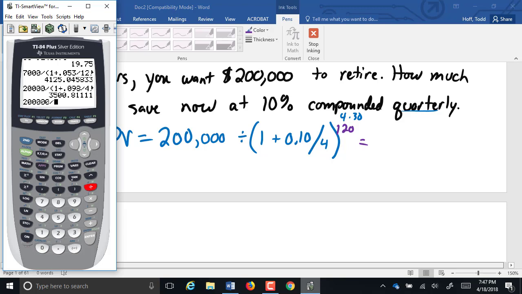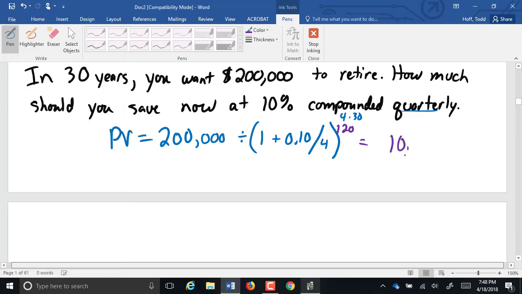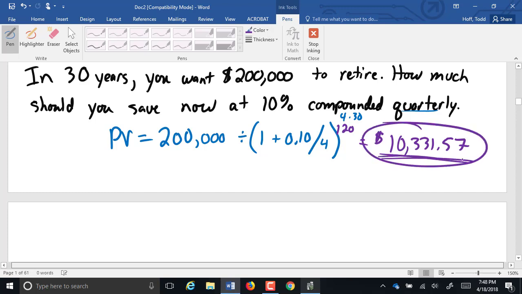So 200,000 divided by (1 plus 0.10 divided by 4) to the power of 120. That's 10,331.57. So a $10,000 investment right now at 10% interest would give you 200,000 in 30 years. That's the power of being young.